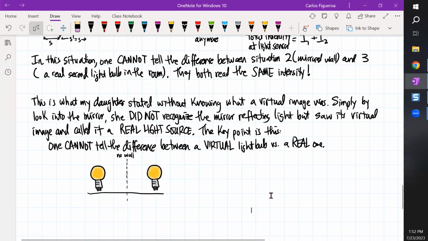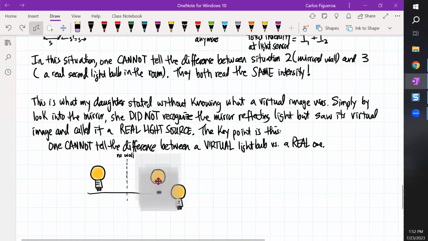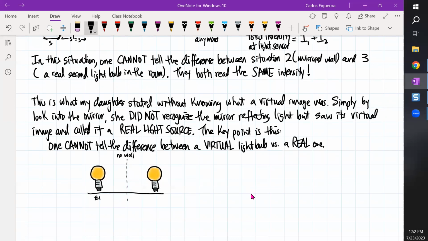This is light bulb number one, and this is light bulb number two.